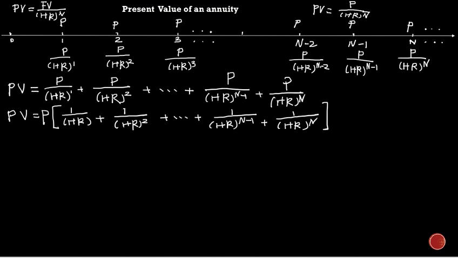For this equation, we multiply both sides by 1 plus R. PV times 1 plus R equals... To understand more easily, I put the bracket P. Let me show how to do it.